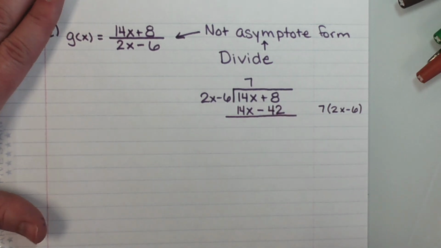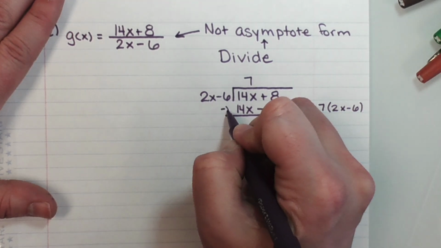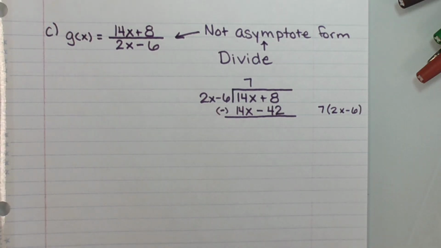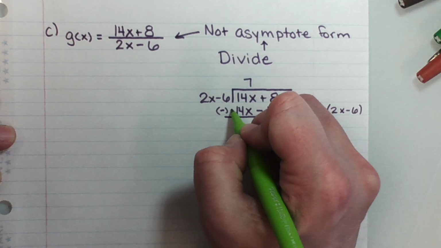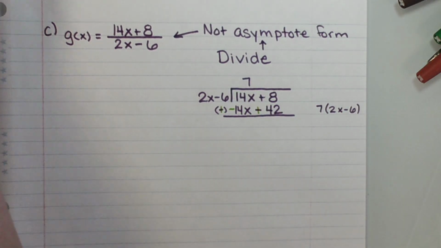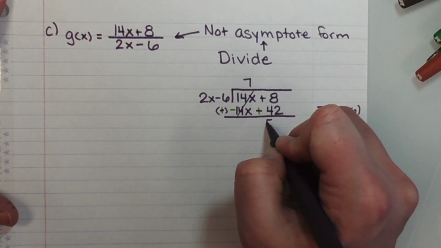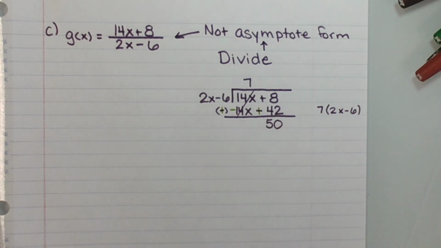And in long division, do we add or subtract? Subtract, but the easiest way to subtract is to distribute that negative. So I put the negative there, that becomes a positive, and then I add. Those cancel out, and I get 50. Isn't 50 already the remainder?